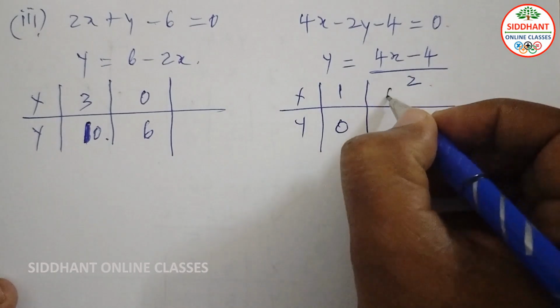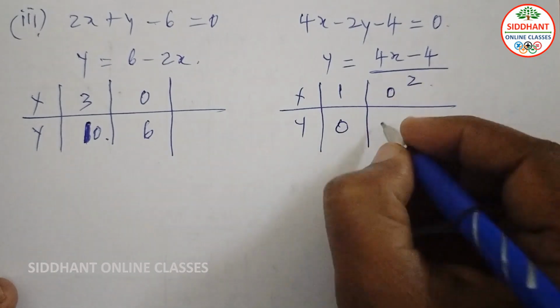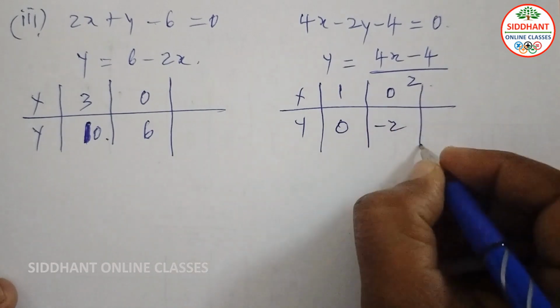When x is 0, 6 minus 0 is 6, so y is 6. For the second, when x is 1, y will be 0, since 4 minus 4 is 0. When x is 0, y will be minus 4 by 2, that means minus 2.